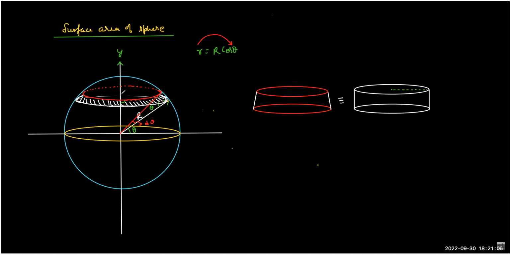The radius that we are talking about here, and of course this is counterintuitive, this is R, this is R, this is R. So the biggest challenge is how to find the height of the cylinder.